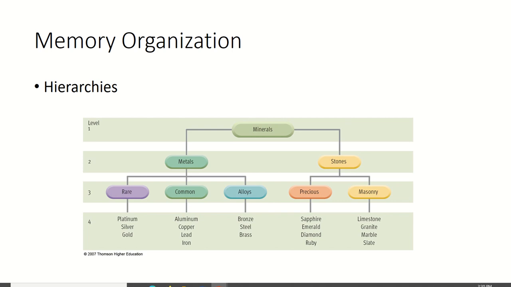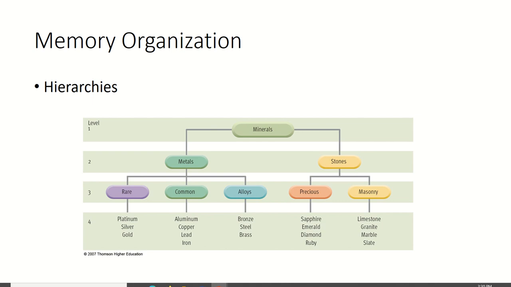So they would, for example, go platinum, copper, steel, sapphire, marble, lead, brass, and so forth, without giving them any sort of structure. And then after they read the whole word list, they were supposed to recall as many items as they could. In the other condition, they told people, I'm going to read you a list of words, and they contain different kinds of minerals.